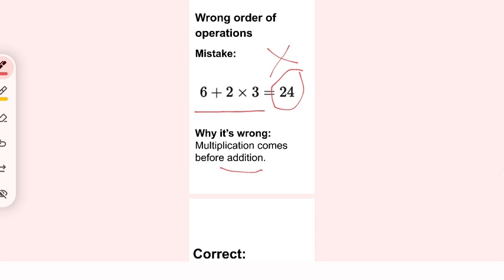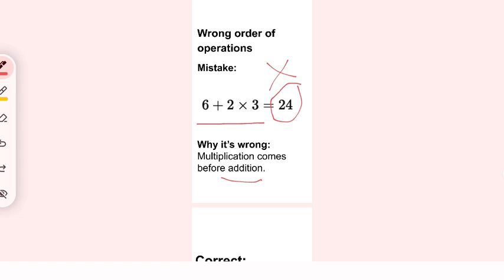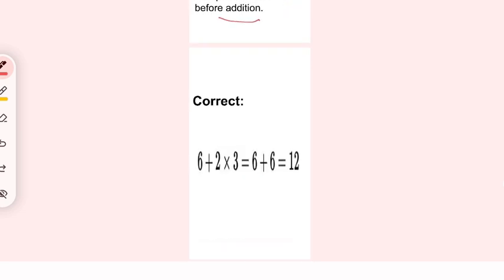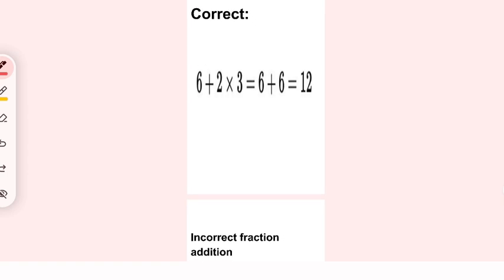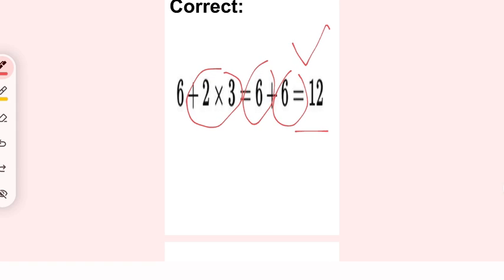What happens here is you added first, 6 plus 2 is 8, and 8 times 3 is 24, and that is wrong. The correct way is to multiply first before you add. So you multiply 2 times 3 first, which is 6, and then you add 6. So the correct answer must be 12, and not 24.